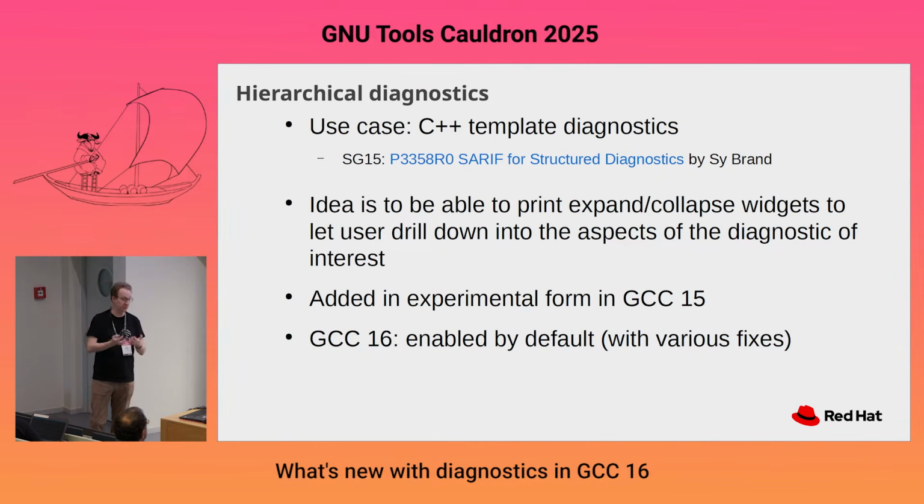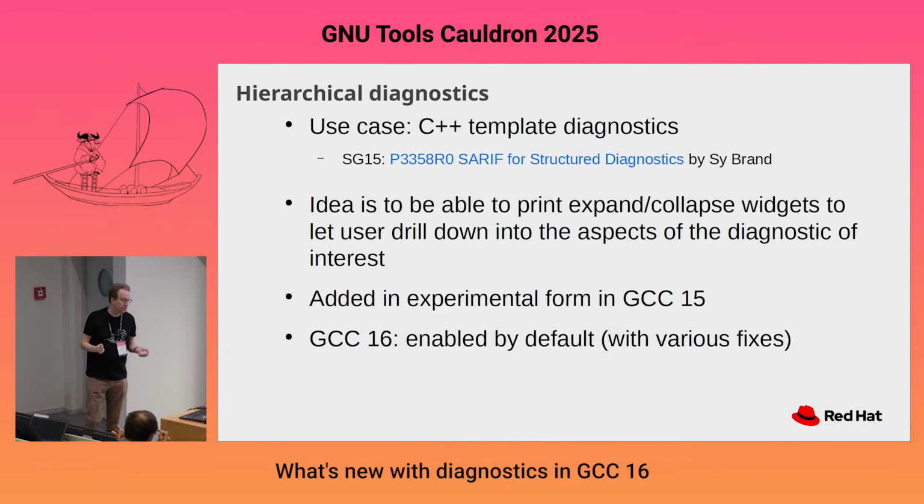The idea is to present that to the user in a sufficiently modern UI, potentially with little expand/collapse widgets, so the user can choose what level of information to drill down to, or what is of interest to them, as they have a hunch that there's a problem with this particular aspect of the code. So we could hopefully be a bit more verbose, but let the user manage what they want to see.